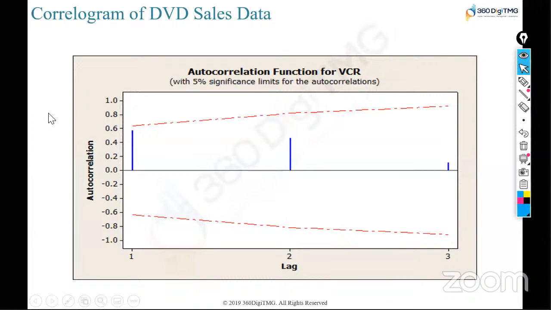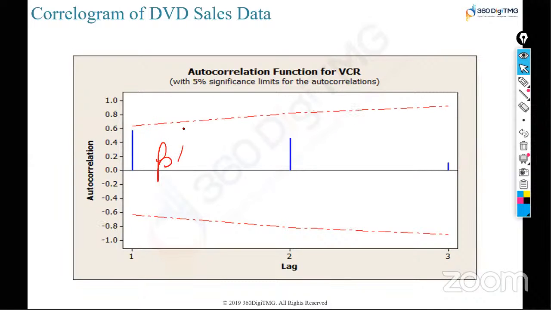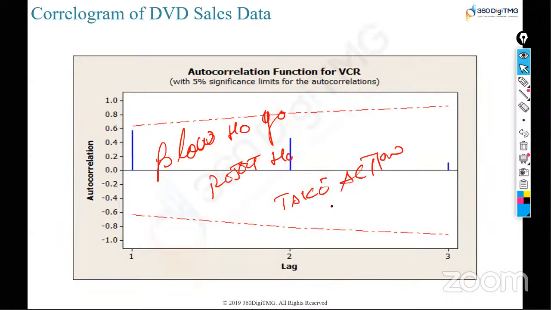So we were discussing the p-value with reference to this. If this point had been here, then it corresponds to a p-value less than alpha, or less than 0.05. So when p is low, null go, reject the null hypothesis, take action.